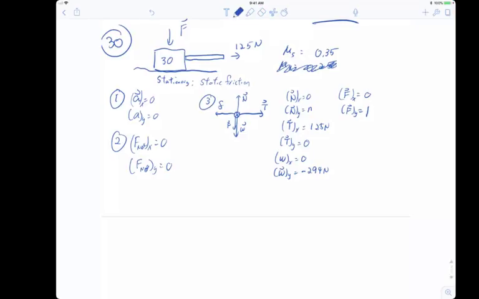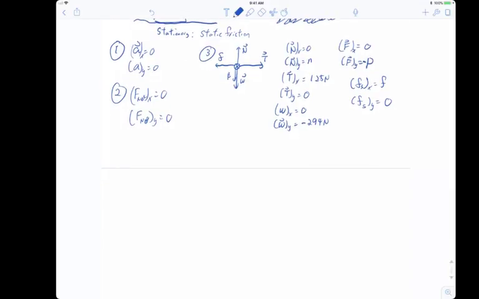Okay, so P is for push, that's how big the force is, and it's in the minus direction. Finally, the static friction force in the x direction, that's not given, and the static friction force in the y direction is 0.